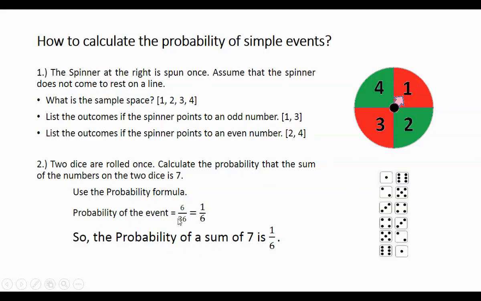So simplifying this, it equals 1 over 6, and that is the probability. So the probability of a sum of 7 is simply 1 over 6. You may also express this as a decimal or percentage.